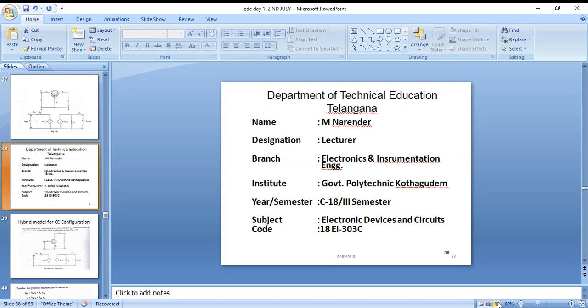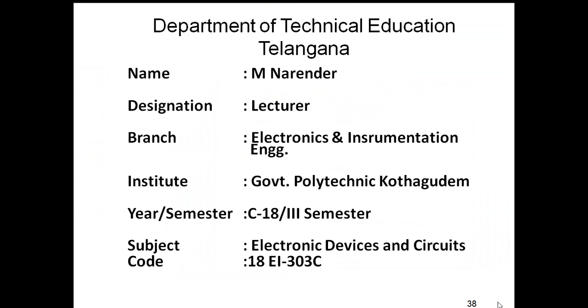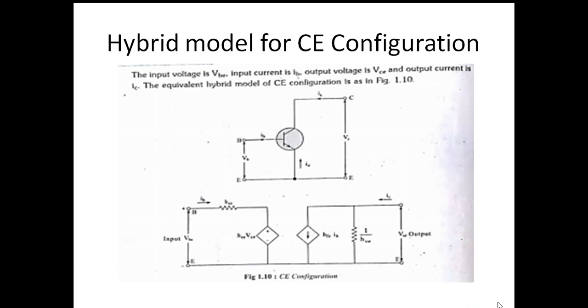Today we are going to discuss the hybrid model for common emitter configuration. As in the previous video lesson, we have discussed hybrid parameters and the definition of hybrid parameters.